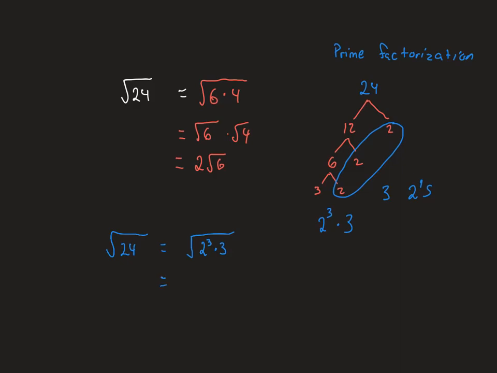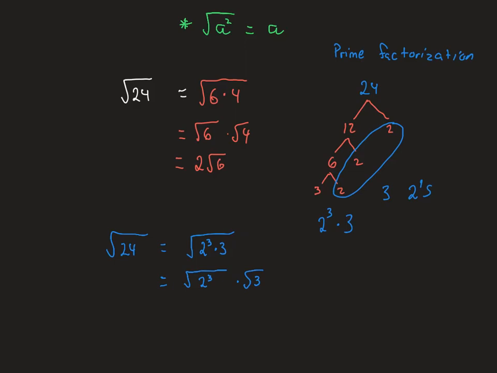And if I were to split this up, 2 to the power of 3, so square root of 2 to the power of 3, and square root of 3. Now, this is just a refresher, so recall, if I do the square root of a squared, I will always get a.